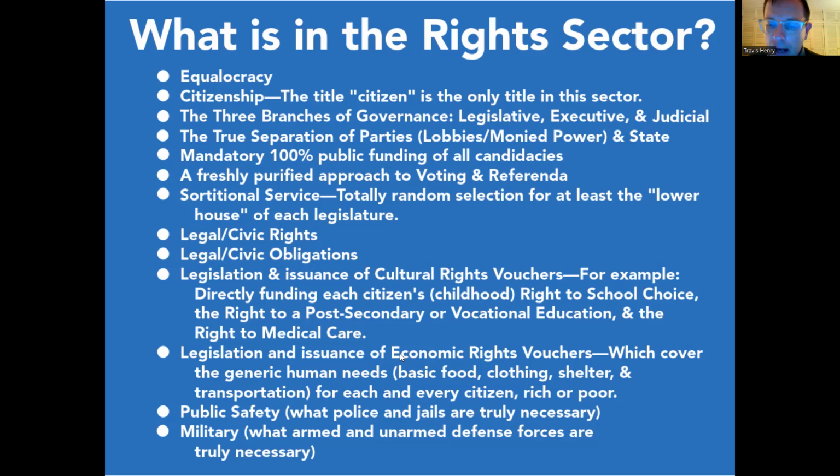And the economic rights vouchers cover the generic human economic needs. When we say economic needs, we mean very specifically food, clothing, shelter, and transportation. Those are the four most basic human needs. Shelter includes housing and clothing, perhaps. This seems radically opposed to the American way.